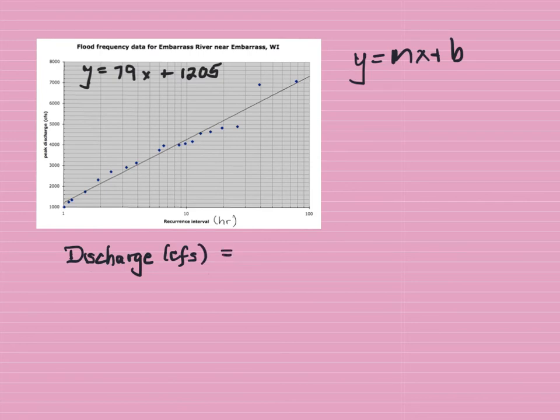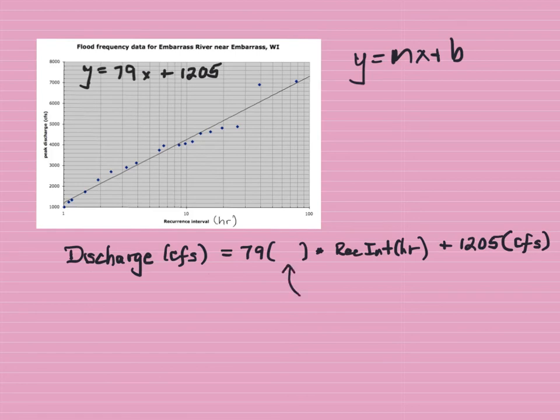Equals the slope, which was 79. I'm going to need some units, times the x, which is this recurrence interval, which is in hours, so plus 1205. And remember, the units for the y-intercept are just the units on the y-axis, right? So those are your CFS, cubic feet per second.